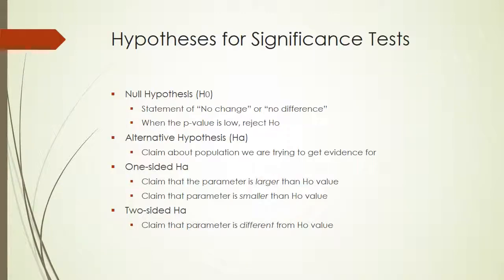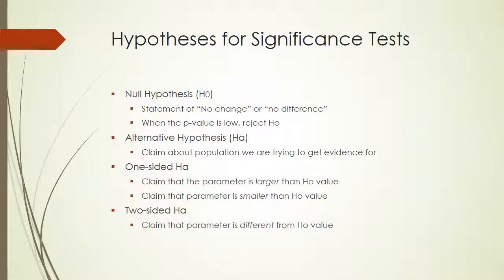So each significance test begins with a hypothesis. Two hypotheses, actually. You have a null and you have an alternative. A null is representative of no change, of no difference between various sorts of statistics that you were given.